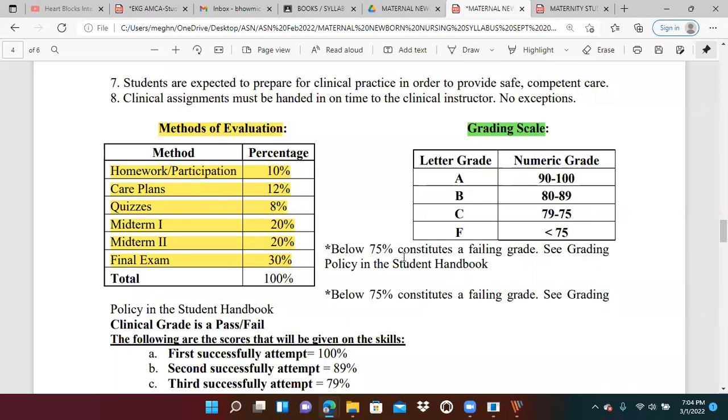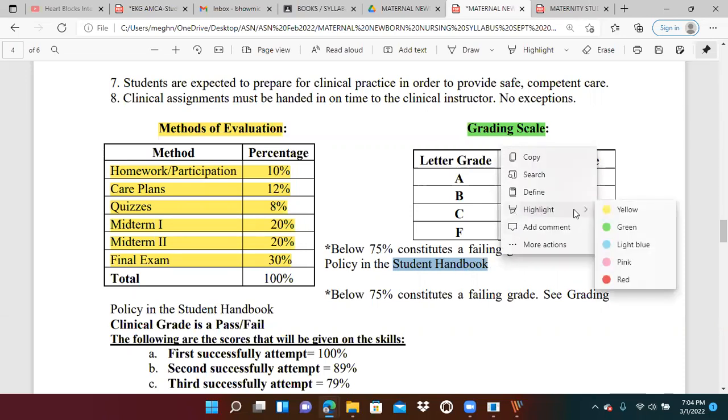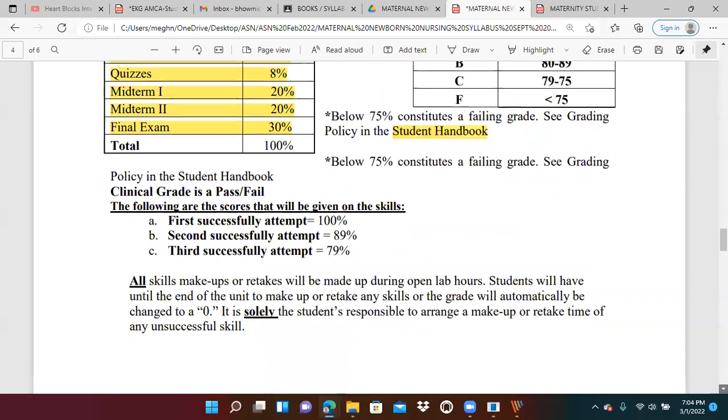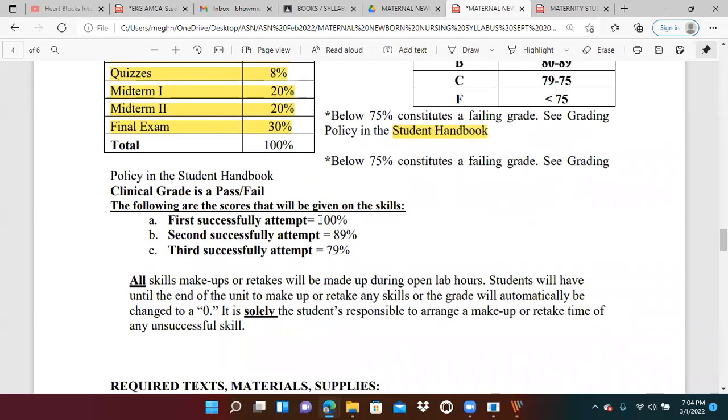So you have to redo it. The grading policy you will also get in the student handbook. Every student has it, so you have to read it. First successful attempt 100%, second successful attempt 89, and third successful attempt basically 79%. So the following are the scores that will be given on the scale.